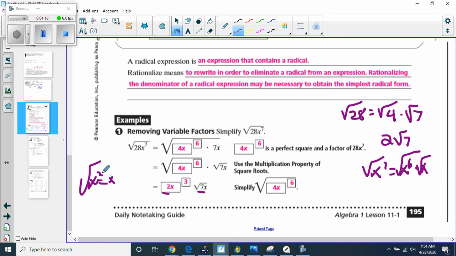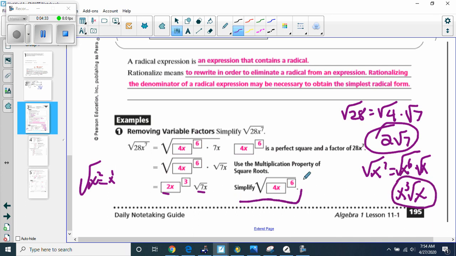I divide 2 by 2 and I get 1. I divide this 6 by 2 and I get x to the 3rd with no radical sign. And then the square root of x stays behind. When I combine this and this together, I get this answer here. This is a little bit tricky.